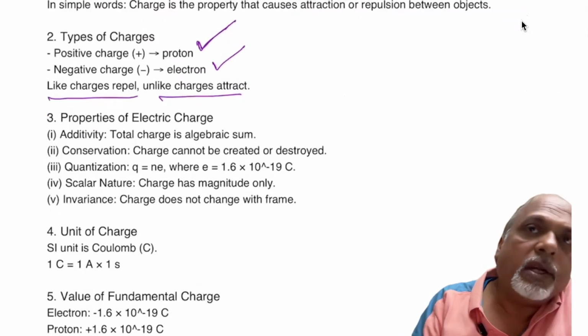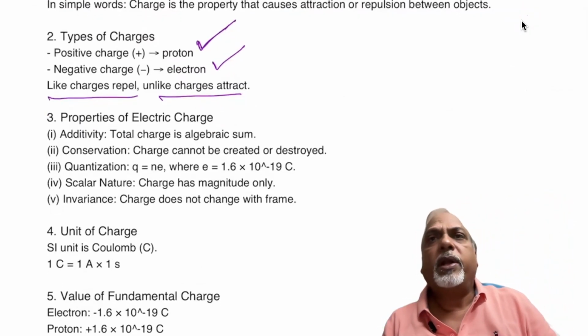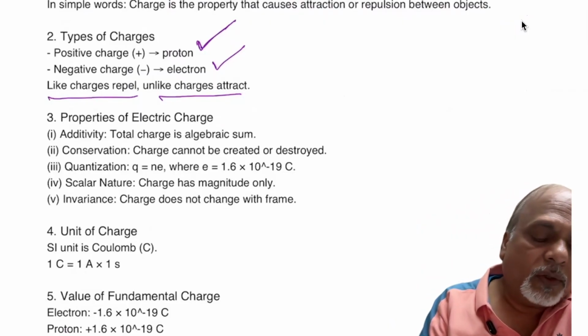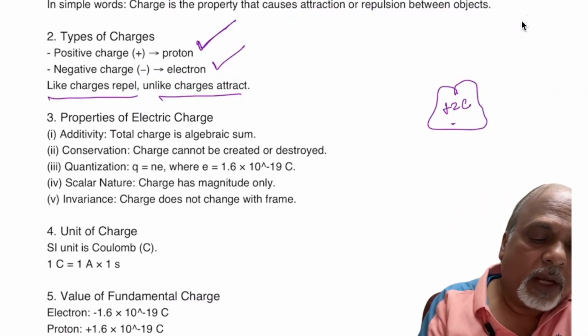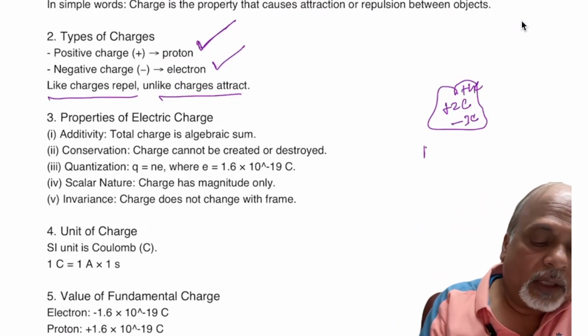Now properties of electric charge. The first property is additivity. Additivity means, suppose you have +2 Coulomb charge, then -3 Coulomb charge, and +4 Coulomb charge on this body. Then what is the net charge?